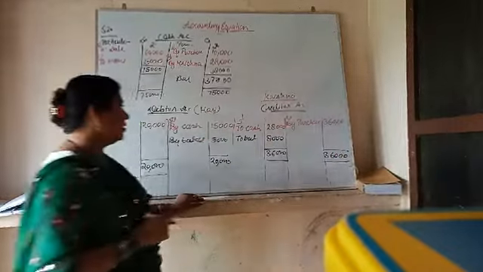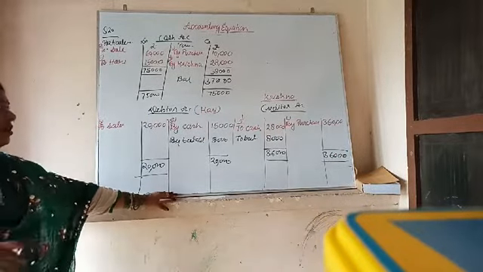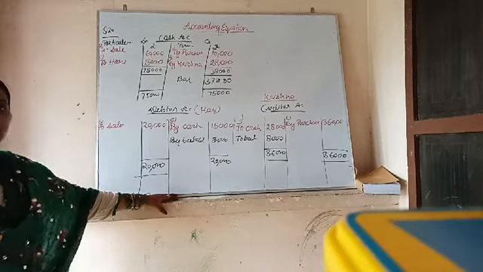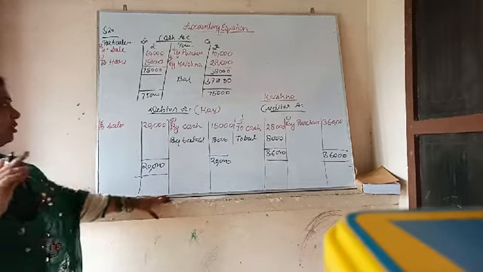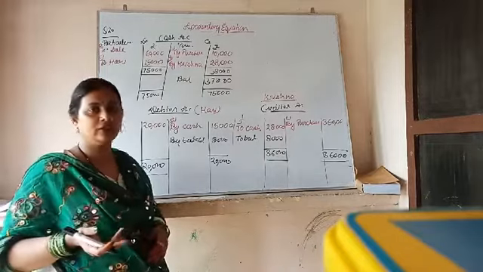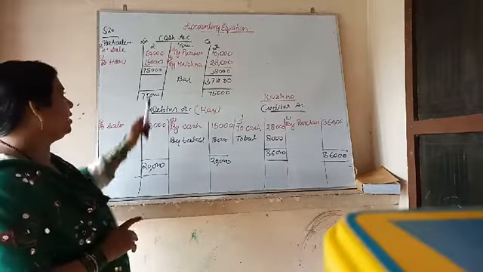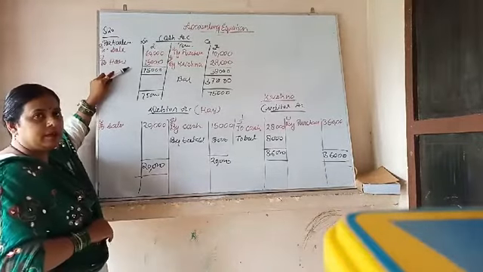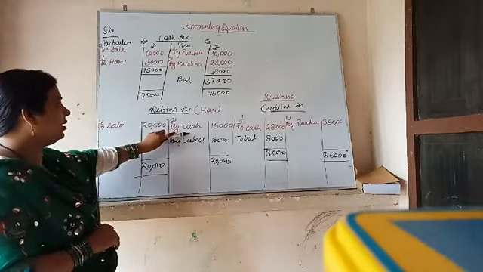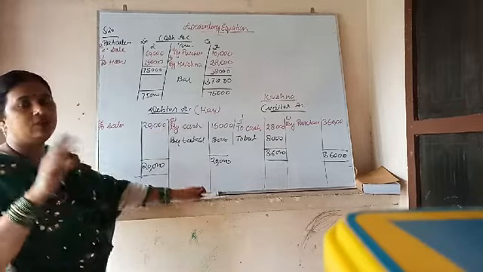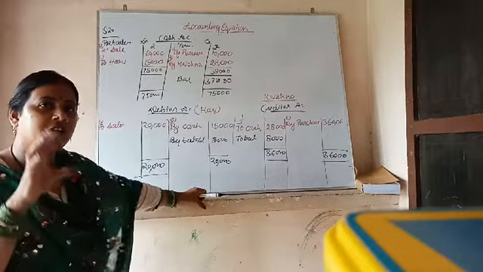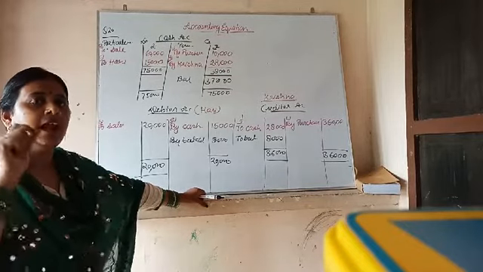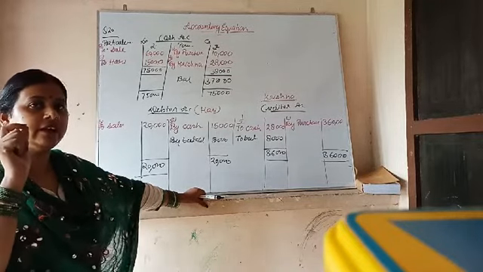See how this question has been solved. Sometimes a transaction is recorded in only one account, and sometimes a single transaction is recorded in two or more accounts. If we receive cash from Hari, the cash account is debited and the Hari account is credited, because accounting works on the double entry system, where every transaction affects at least two accounts.